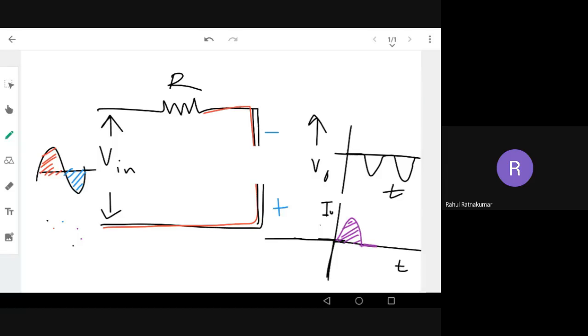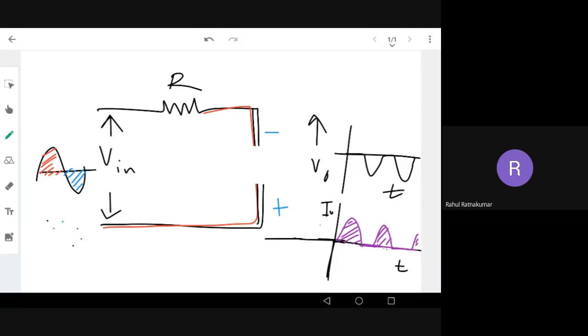Again, the positive cycle comes, again current will be maximum, right? I should compare with the top diagram. It should be like this, something like this.